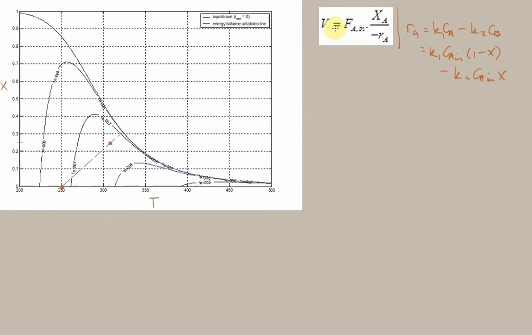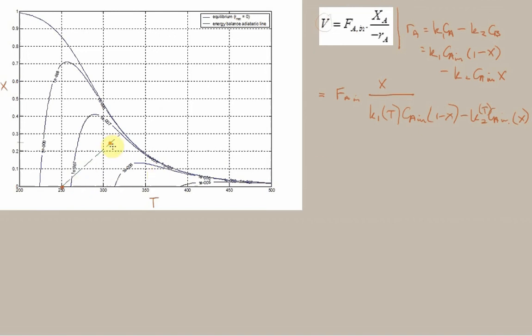Then the required volume to accomplish that is equal to F_A0 times X, so 25% for X, divided by minus r_A, which we will write as k1, and noting that k1 is a temperature function, so there's that, and then C_A0 (1 minus X), minus k2 C_A0 X. And of course, k2 is also a temperature function.